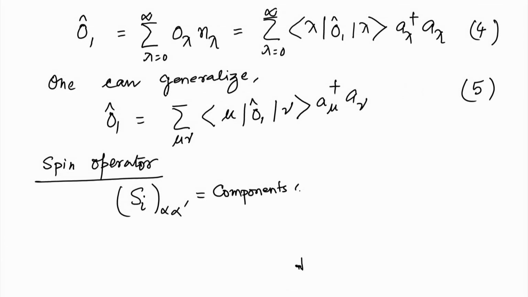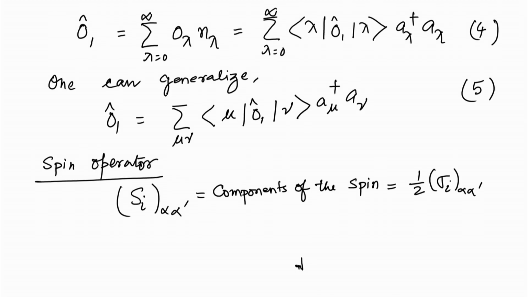For spin half, it has a special name: the Pauli spin matrices. So, the components of the spin are equal to half of sigma i between alpha and alpha prime. There is an h cross here in place of 1, but we have taken h cross as 1 here.